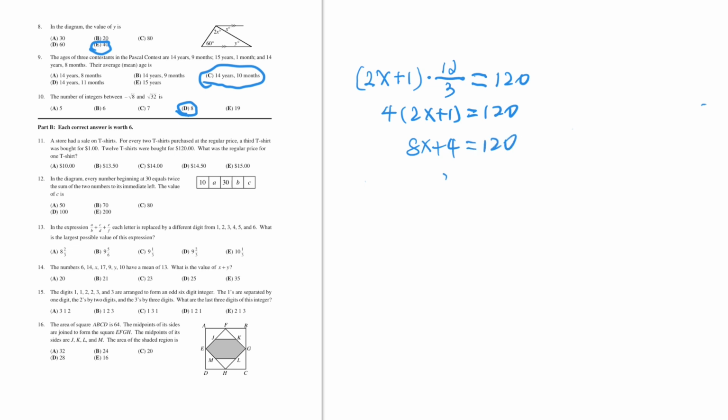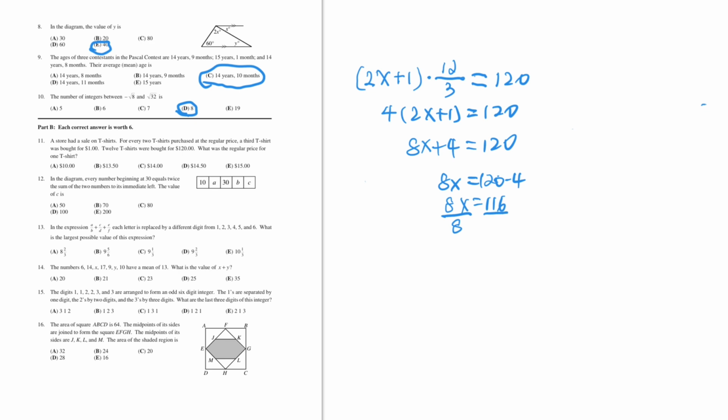Bring the 4 to the other side of the equation, that's negative. 120 minus 4 is 116. So 8x equals 116.